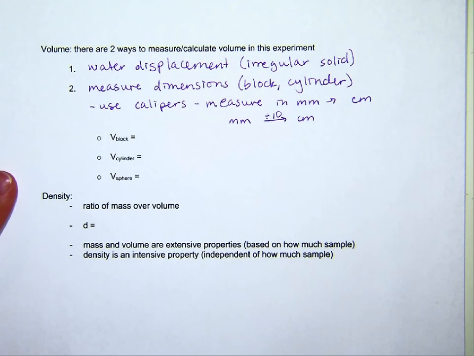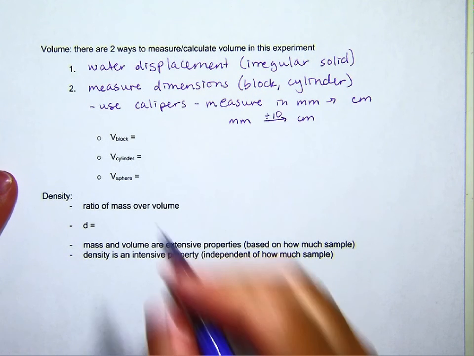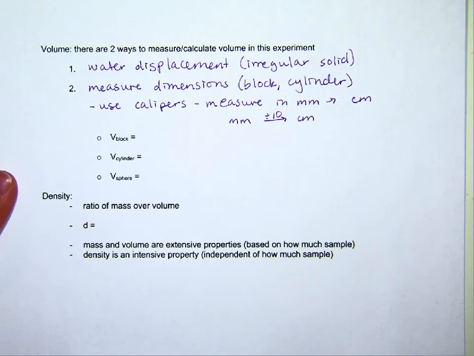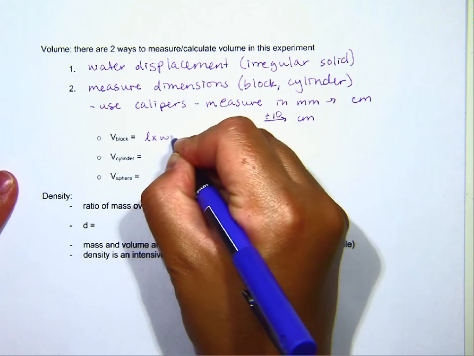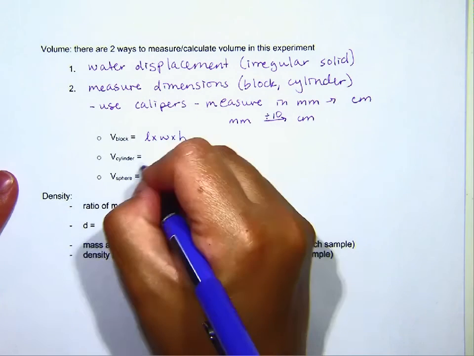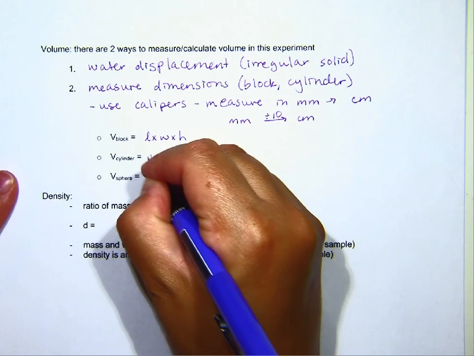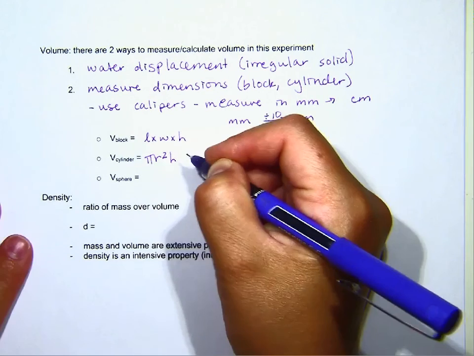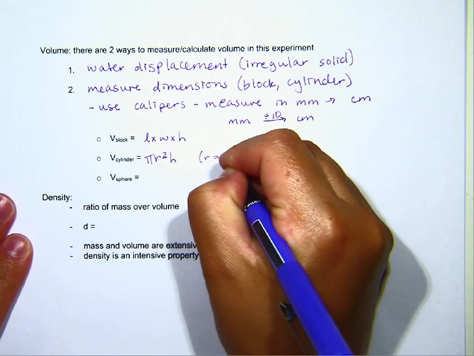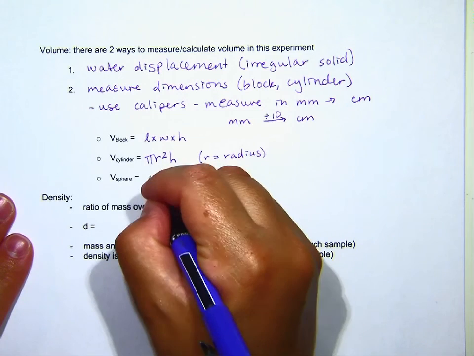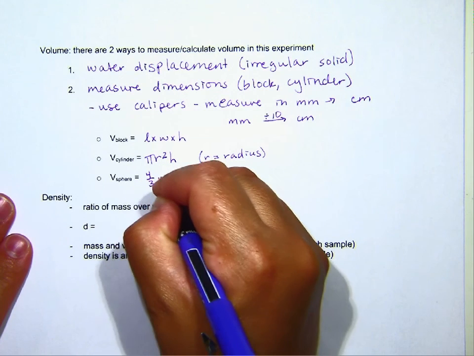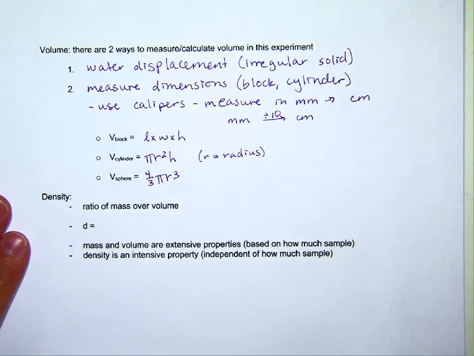Once you have all your dimensions, then you can apply some equations to solve for the volume. If you have a block, you're going to do length times width times height. For the cylinder, you're going to do pi r squared times the height, where r is the radius. Or if you have a sphere, you'll do 4/3 pi r cubed.